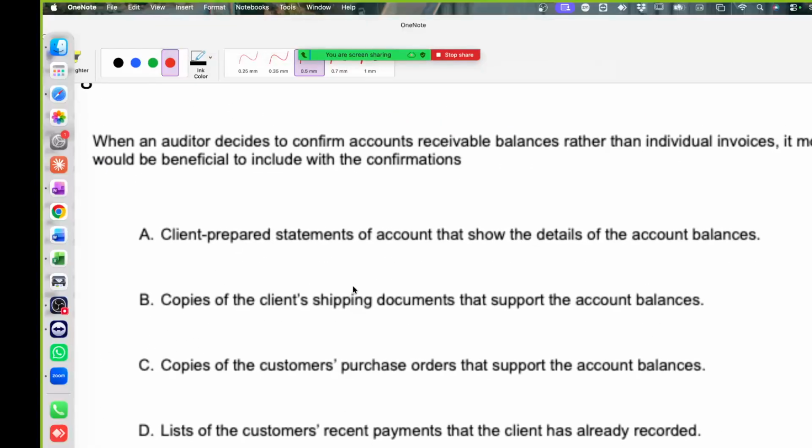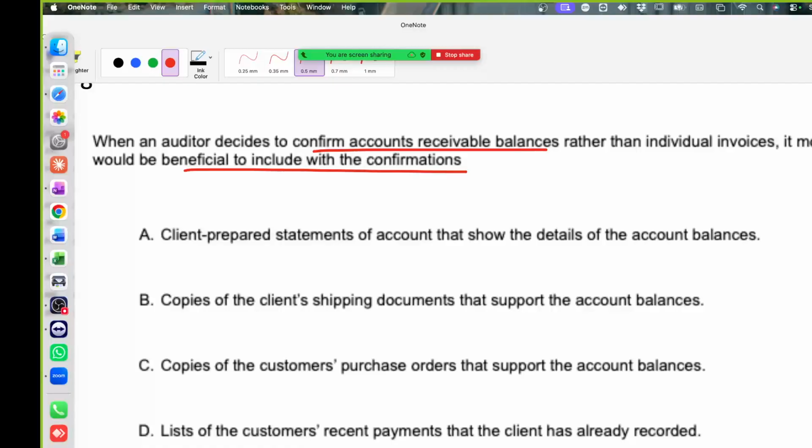Okay, let's take the last question. The auditor decides to confirm AR balances rather than individual invoices. Which would be most beneficial to include with the confirmations?